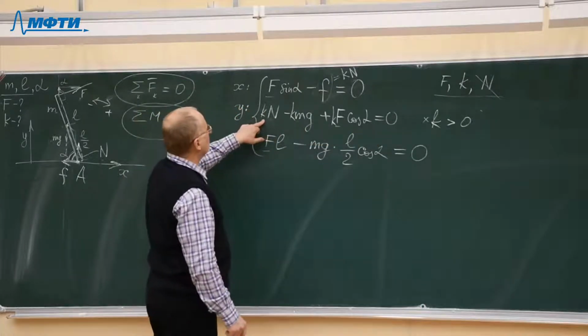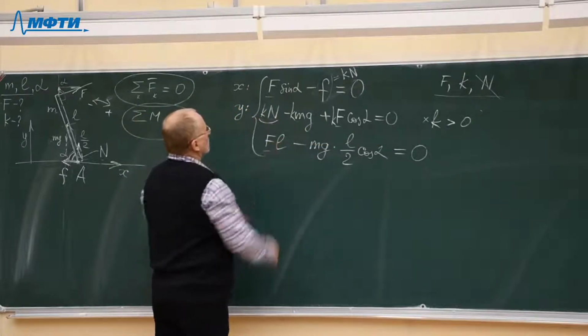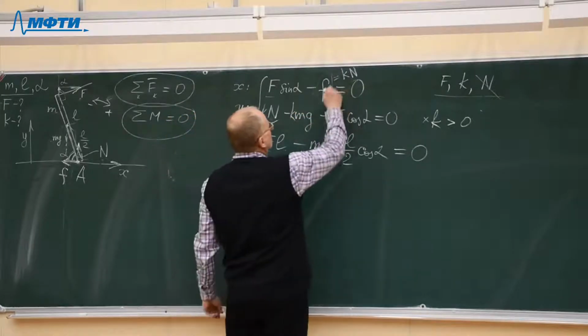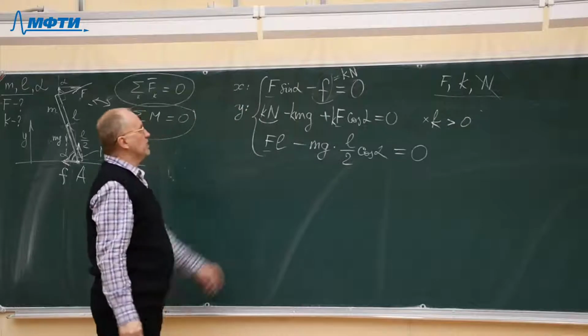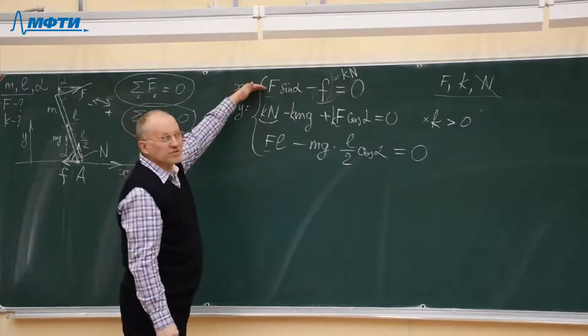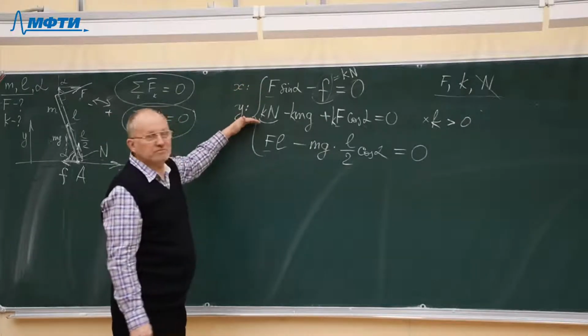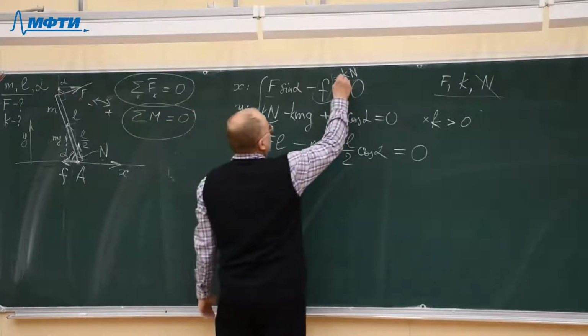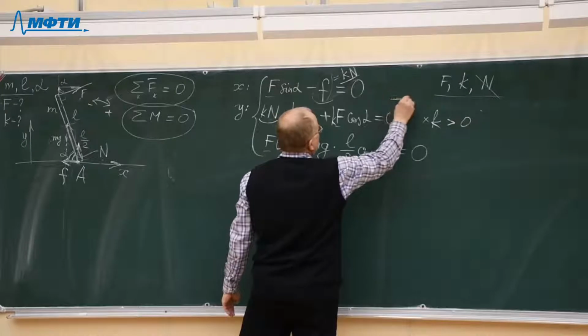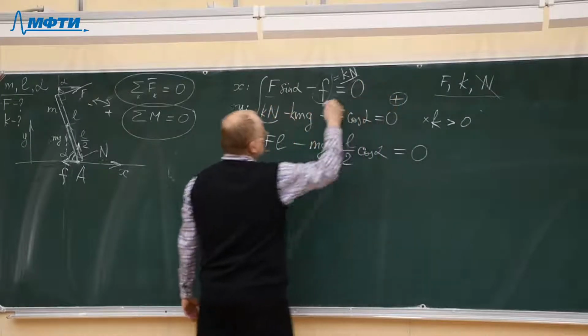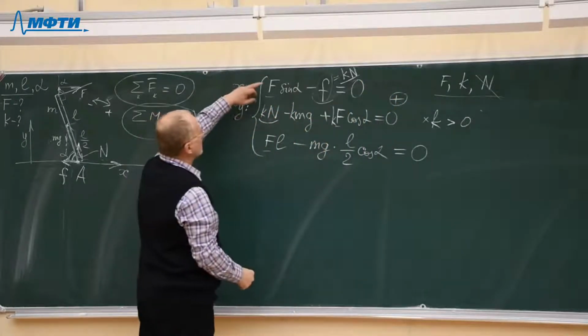And now we notice that we have this term Kn here and a similar term in the first equation. So if we add the first equation to the second equation, then this term will vanish. So we add these 2 equations. And what will be the result?